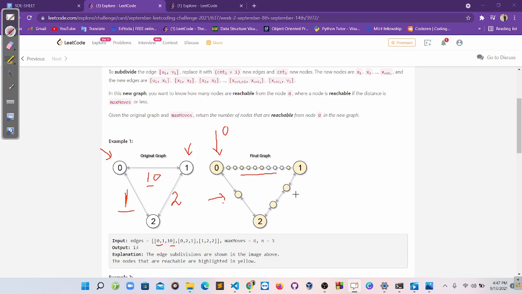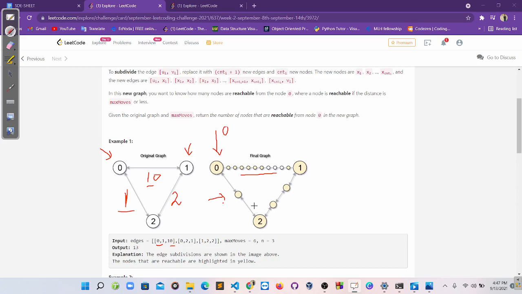Now, the problem is we have to calculate, if we are at this 0th node, how many nodes can be traversed if we have some condition. Now what is that condition?